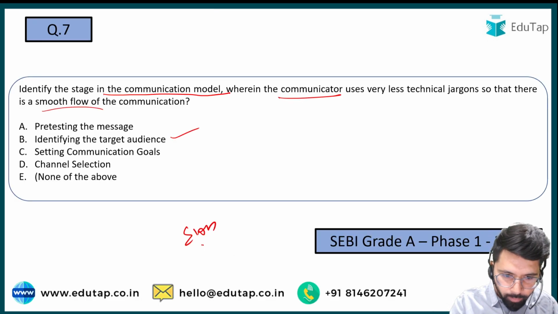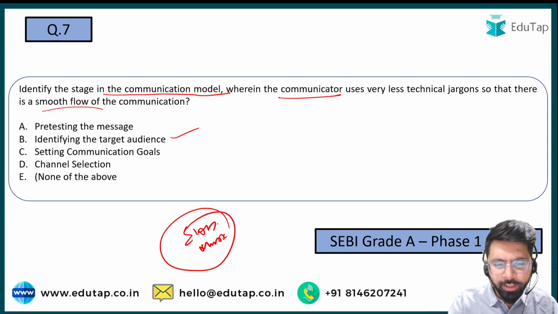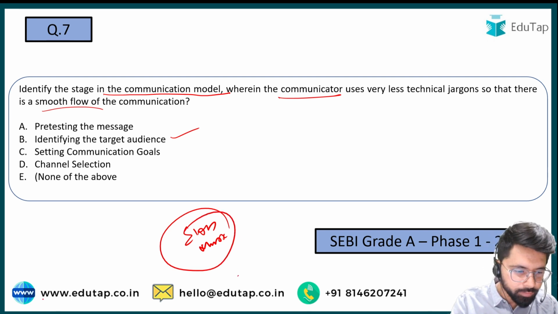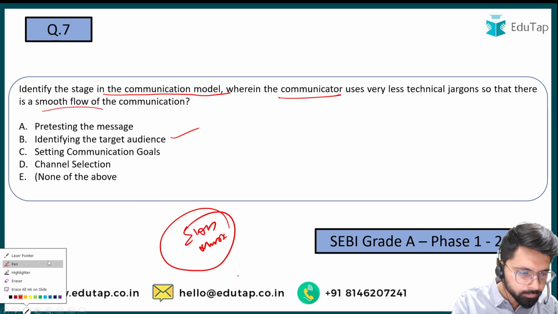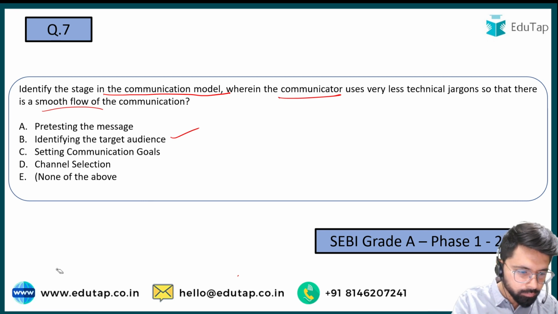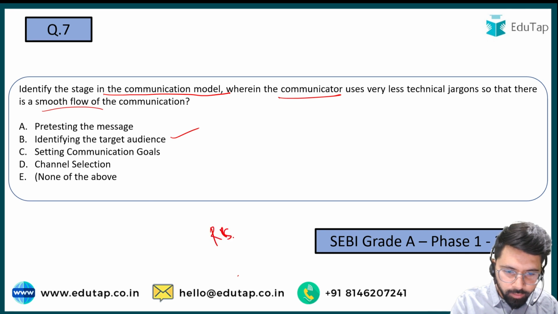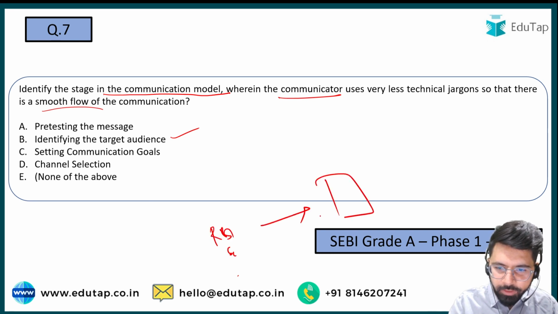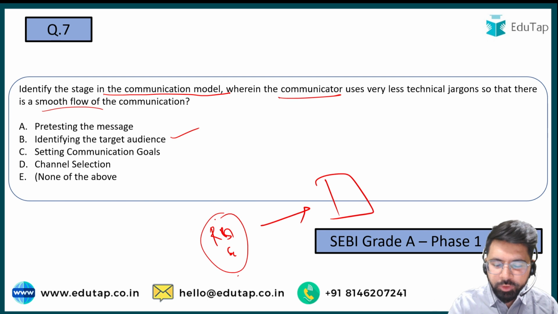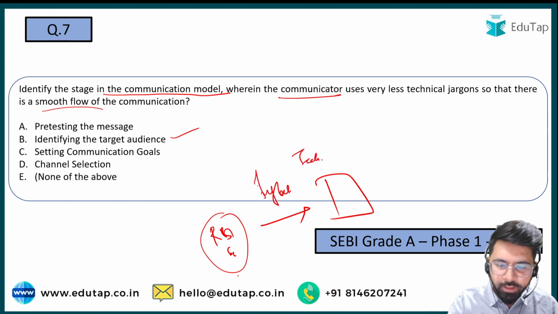Suppose Elon Musk... let me take a better example. Here is the RBI governor Raghuram Rajan. He is talking to farmers. If he wants to explain inflation, then he cannot talk in technical jargon, since the farmers do not have much knowledge or are not well educated, we are assuming here.